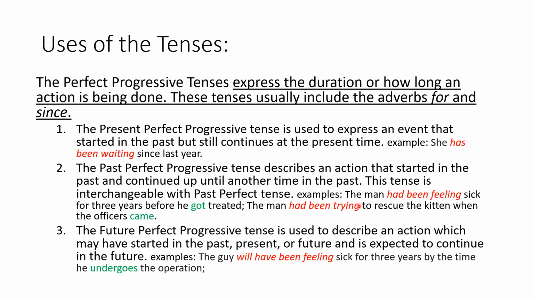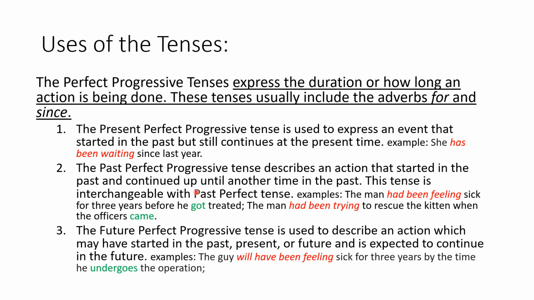Example, the man had been feeling sick for 3 years before he got treated. Just like in the formula of the past perfect tense, the next verb after the past perfect progressive form should be in its simple past form.